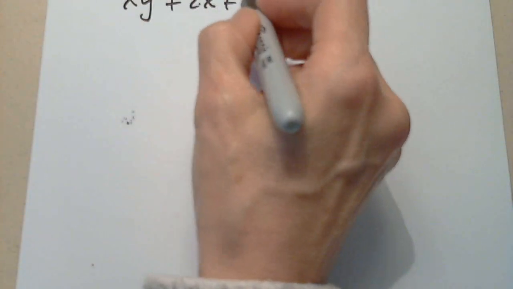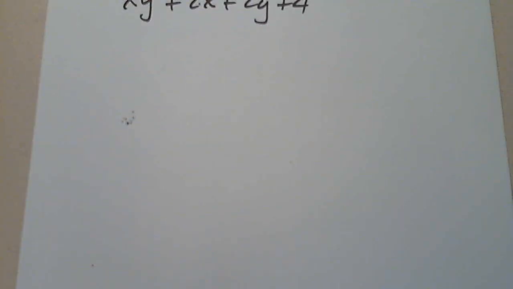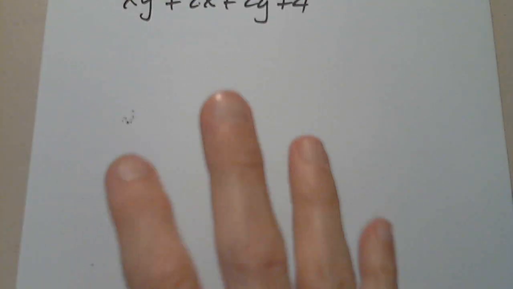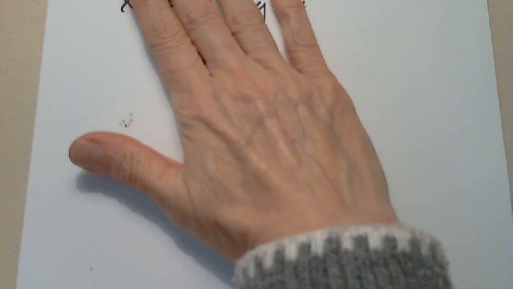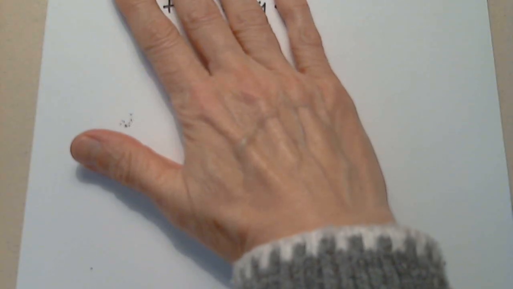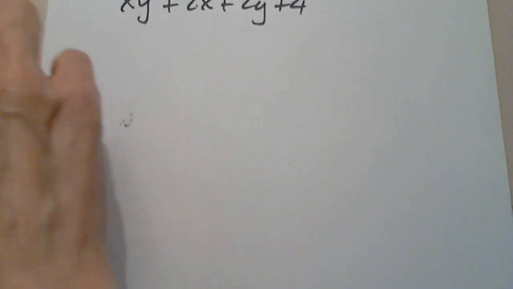Okay, I want this one. So xy plus 2x plus 2y plus 4. When it comes to factoring by grouping, I cannot conclude that this polynomial is not factorable before I try grouping these two, and let's say it doesn't work.